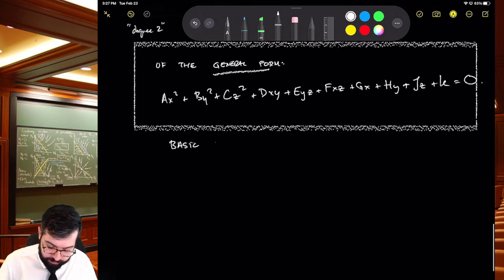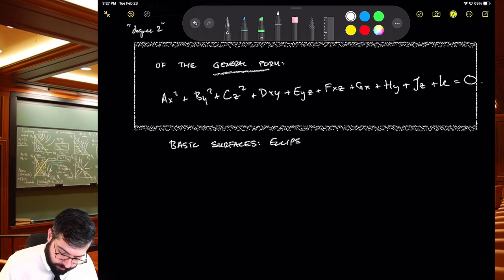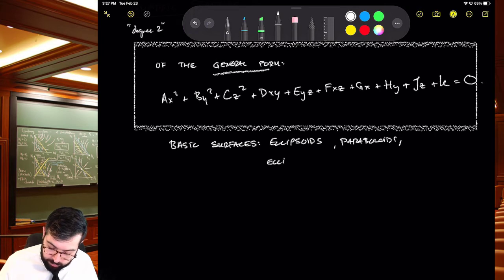So the basic surfaces that this includes are ellipsoids, paraboloids, elliptical cones, and hyperboloids.